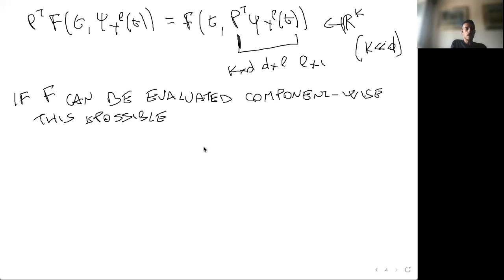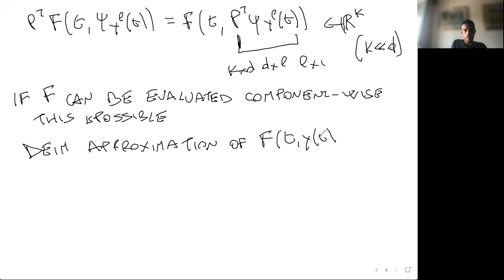So each line is independent from the other, and then we can do that. So that means we have a DEIM approximation of f(t, y_l(t)), which follows. Here we're going to have f(t, y_l(t)).